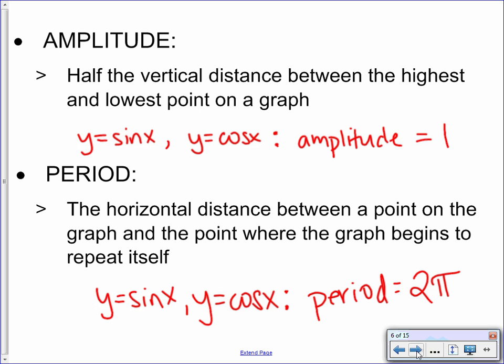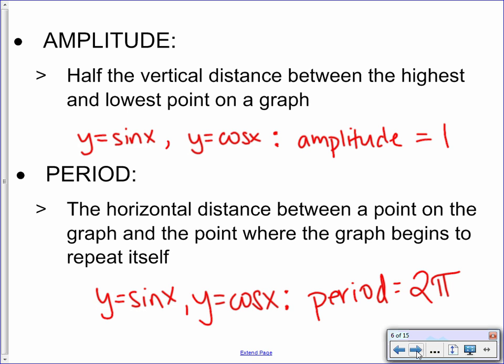So what we're going to need to be able to do is identify from our equation what is the amplitude, what is the period, and where do we start drawing our graph. There could be shifts horizontally or vertically. So we need to identify the amplitude, the period, and where we start drawing our graph before we can even begin to graph these.